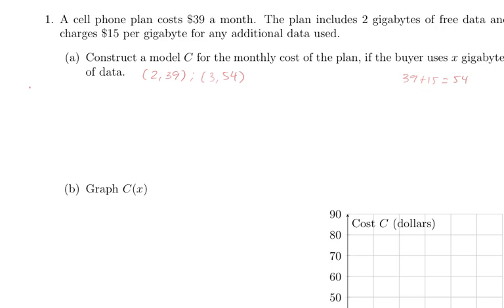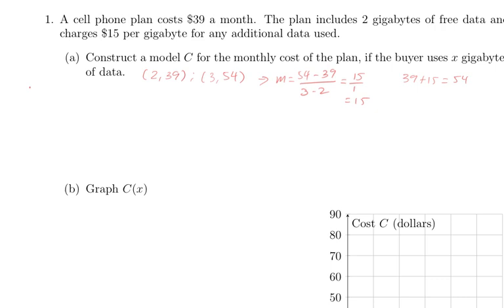From here, you find the slope, which obviously has to be 15, but you should just check that it's 15. It's 54 minus 39 over 3 minus 2. So this is 15 over 1, which is 15, because after 2, you're going to pay 15 for each. This is the part where people get very confused, but this is pretty simple.